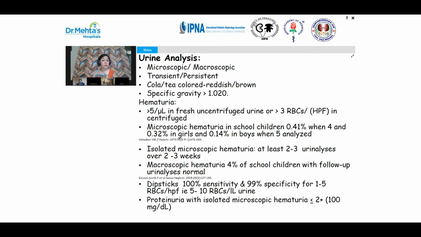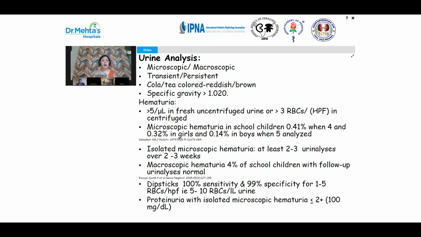So we do need to evaluate these children carefully to decide which subgroup of children will require urgent evaluation, and which children we just need to counsel the parents and follow up and do not need to do unnecessary detailed evaluations.